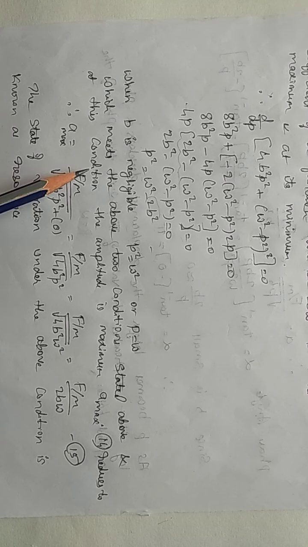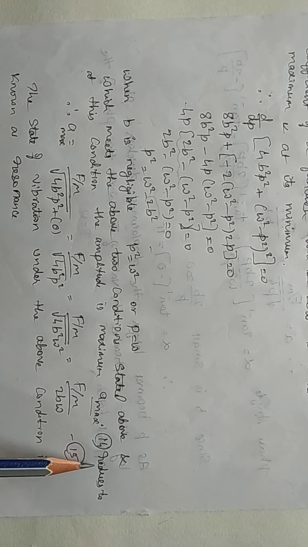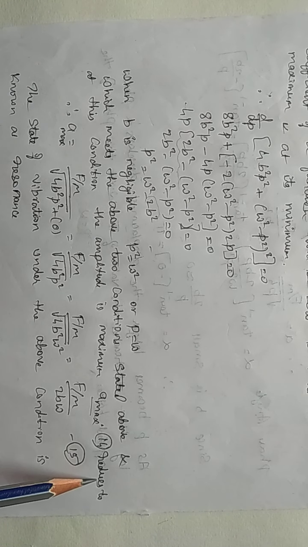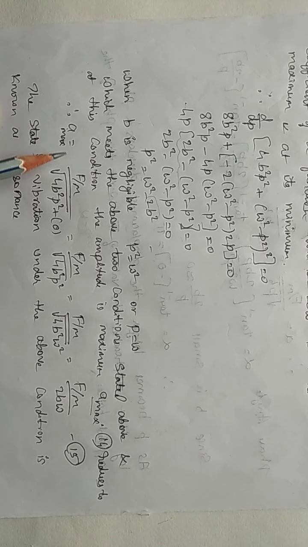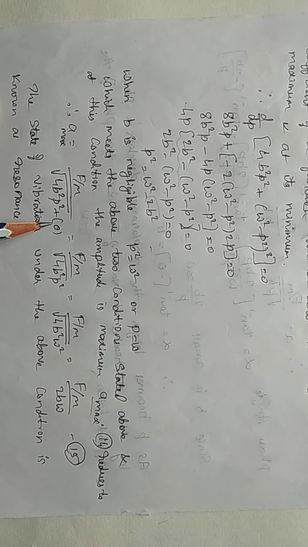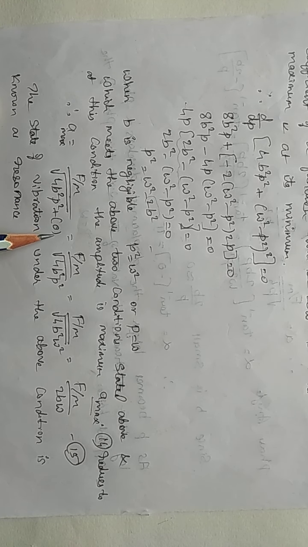Now the condition for the amplitude to be maximum. When the amplitude shoots up to the maximum, it is given by A max. From the final equation, A max is equal to F by M square root of 4B square P square plus bracket omega square minus P square. As omega is equal to P, that term becomes 0.